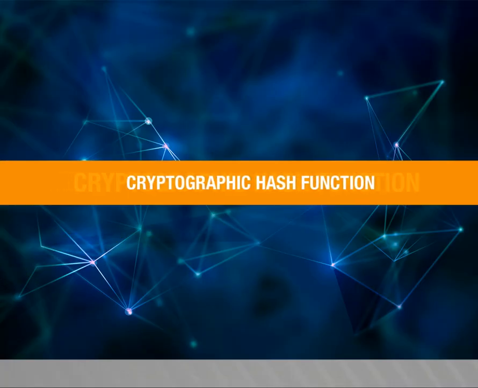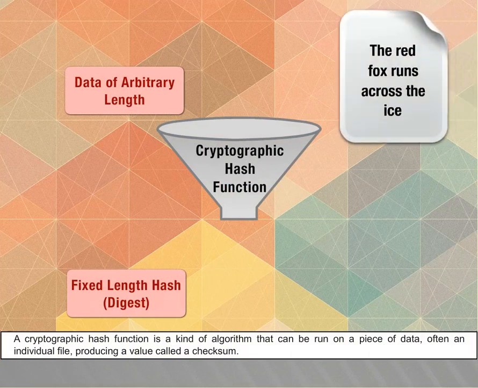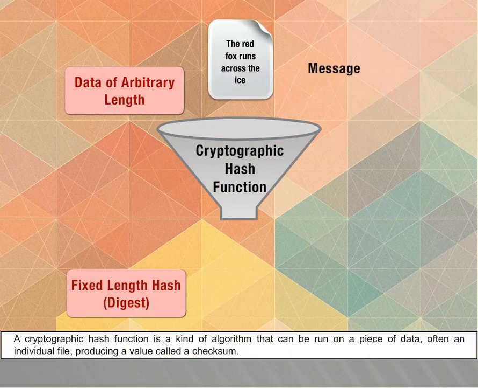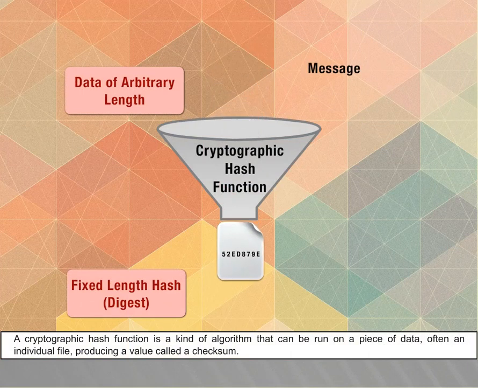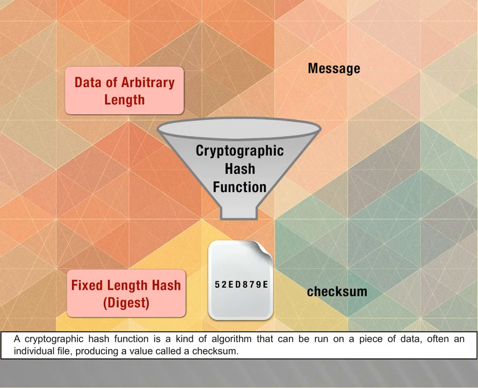Cryptographic hash function. In this video, we are going to see about cryptographic hash function. A cryptographic hash function is a kind of algorithm that can be run on a piece of data, often an individual file, producing a value called a checksum.